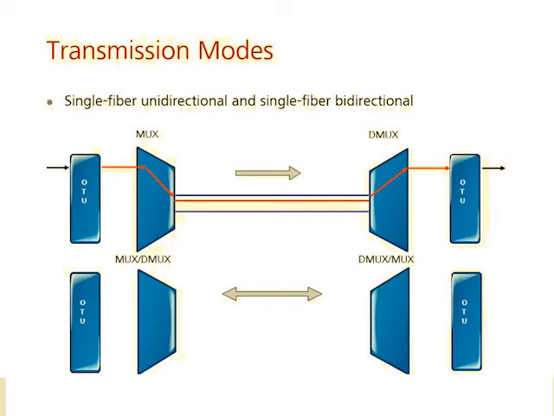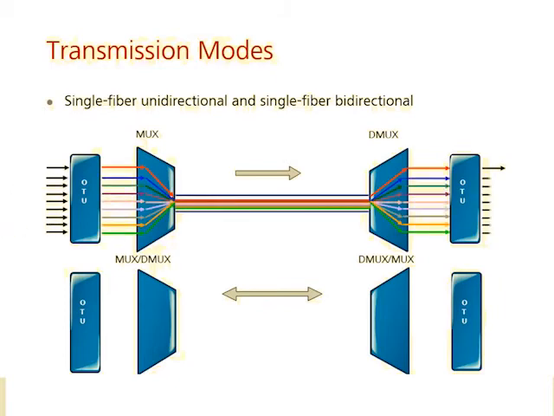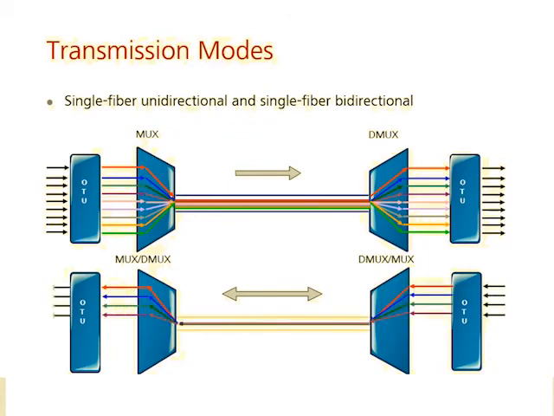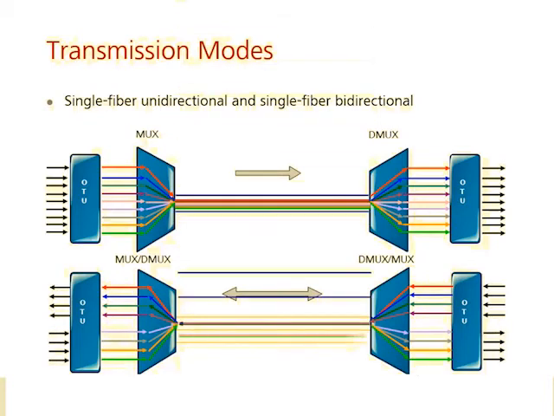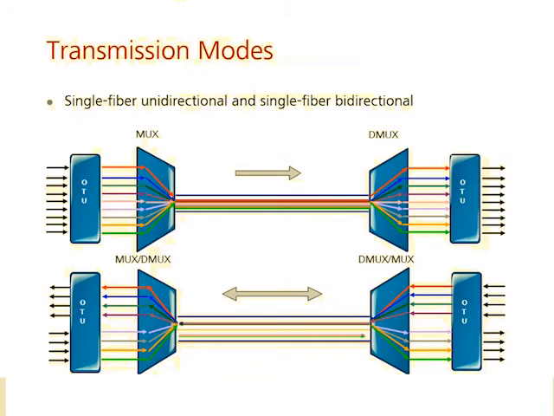We have another application that is single fiber bidirectional. For this application, the sending direction signals and the receiving direction signals will be mixed into the same fiber, and you need to use different wavelengths to carry sending signals and receiving signals.